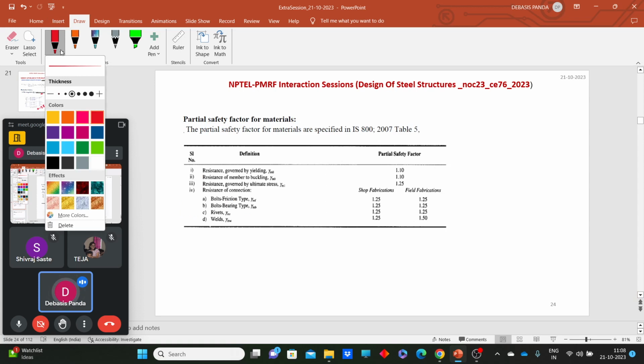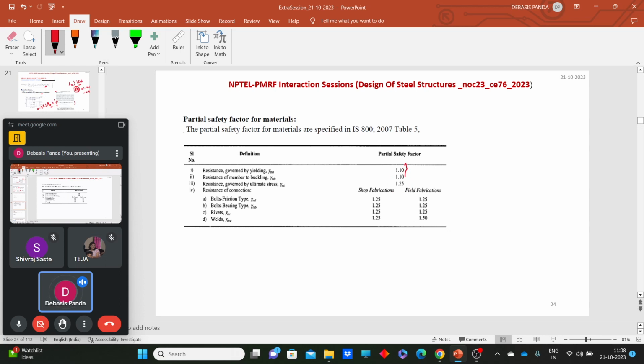The important safety factors, with respect to the gross cross sectional failure, are 1.1 for material, 1.25 for bolts, and particularly for the rivets and welds, for the shop and for the field fabrication, the values are given. So basically you need to remember for the weld, if shop fabricated 1.25, if field fabricated 1.5, for the bolts for all cases it's 1.25, and for the material 1.1.